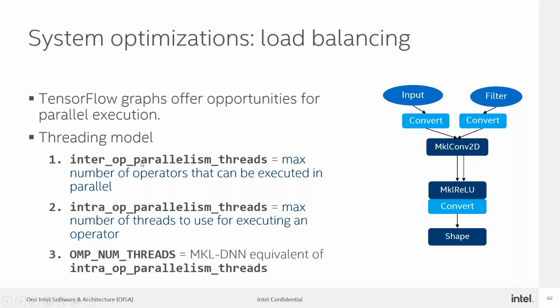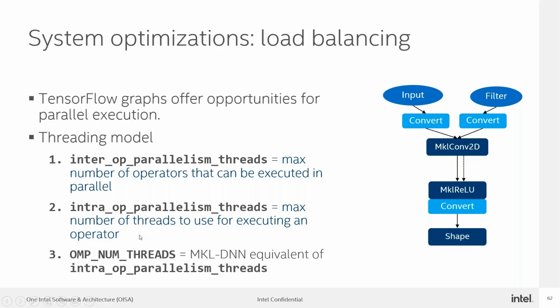With this inter-op parallelism threads, it basically tells how many operators you can execute in parallel. This we can set, and then the intra-op parallelism threads shows, for one operation, into how many threads we can divide it and use it. So it also depends on our system's number of cores. And OMP_NUM_THREADS is basically the same thing which we use for Intel optimized TensorFlow.